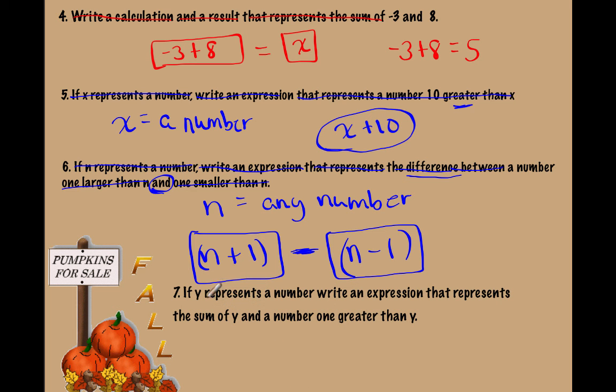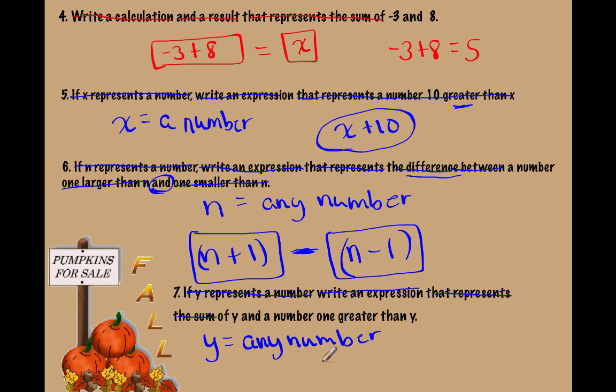All right, last one. If y represents a number, see, I just figured I'd change it up. You can use any letter you want as a variable. Okay, y represents a number. Write an expression. Great, no equal signs. That represents, here we go, here's the meat of it, the sum.